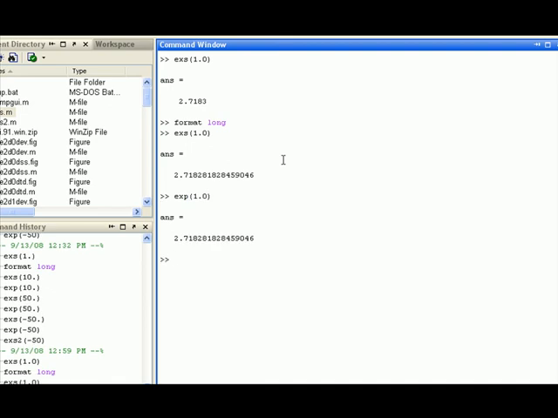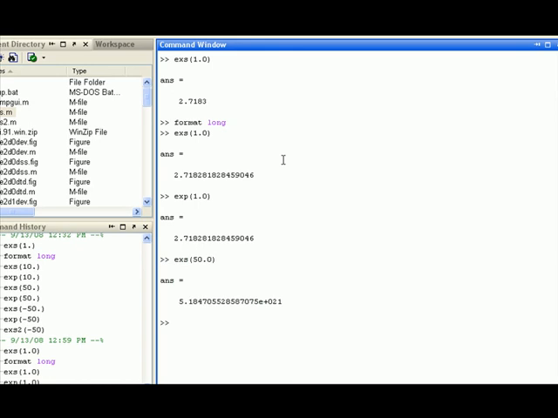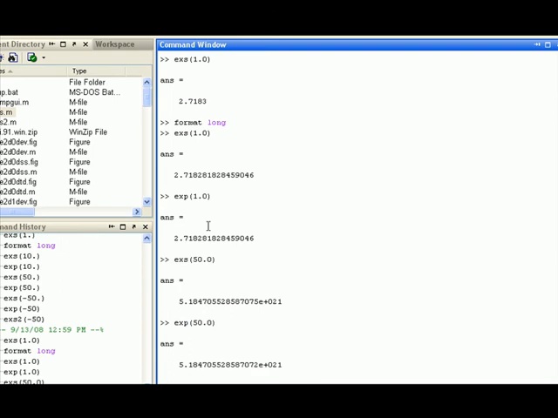It agrees out to the last decimal place. Let's try our function on 50 and compare that with the MATLAB system function, and it also agrees out to almost the last digit.